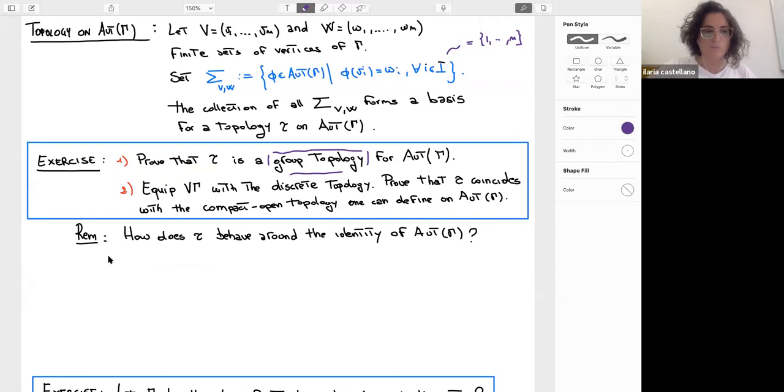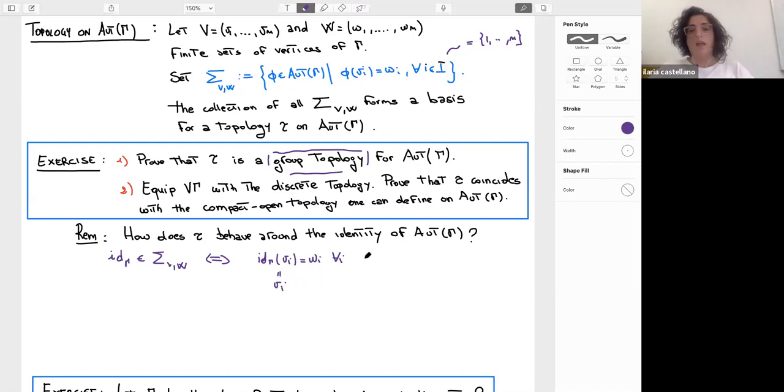When does the identity automorphism on gamma belong to some open set of the basis? It's clear from the definition of this set that the identity of Vi has to be equal to Wi for any i, but this is Vi. This means that V has to coincide with W.